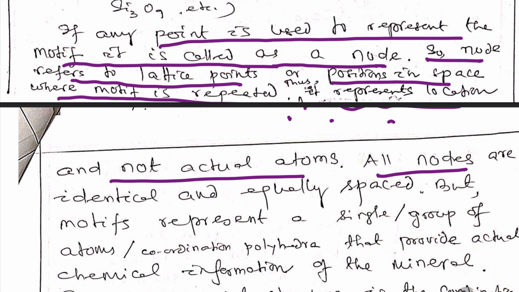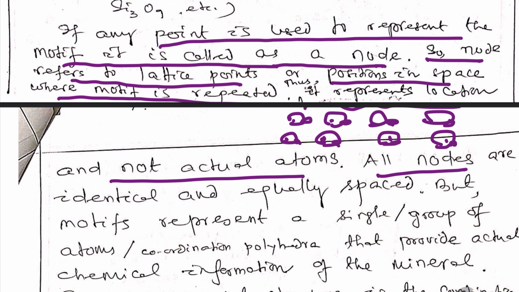The positions of the nodes occur in a systematic pattern in which the atoms can be arranged like this. So nodes locate the position where the motifs or coordination polyhedra occur in a systematic manner.